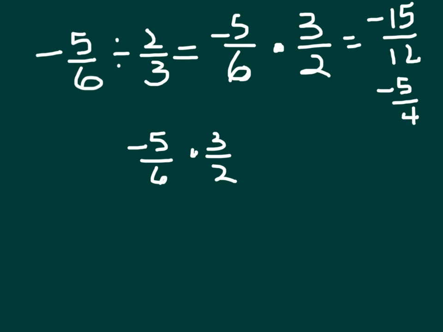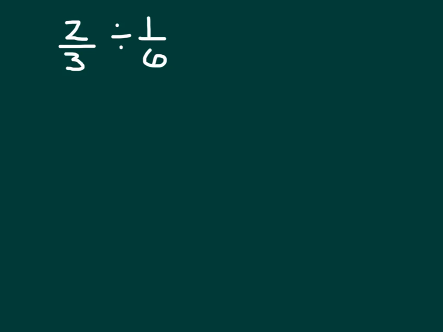We see that the 3 up here and 6 have a common factor, and that common factor is 3. So we can say 3 goes into 3 one time, and 3 goes into 6 two times. Now we've already simplified our problem, and we go negative 5 times 1 gives us negative 5, and 2 times 2 gives us 4. So we come up with the same answer, already simplified.